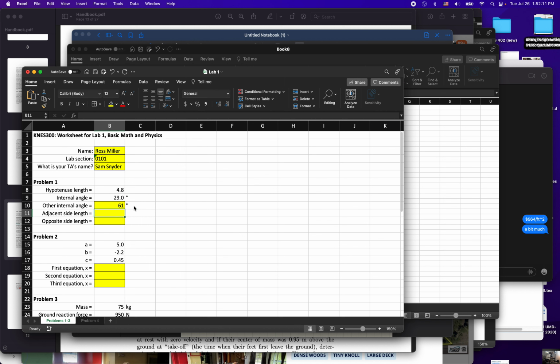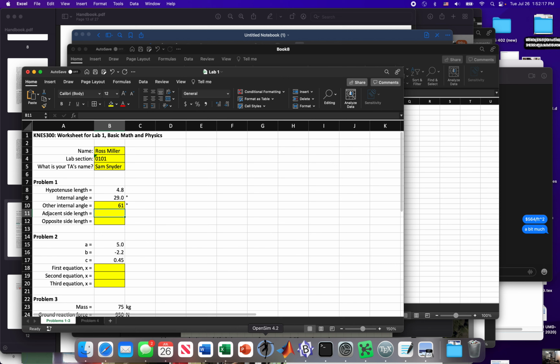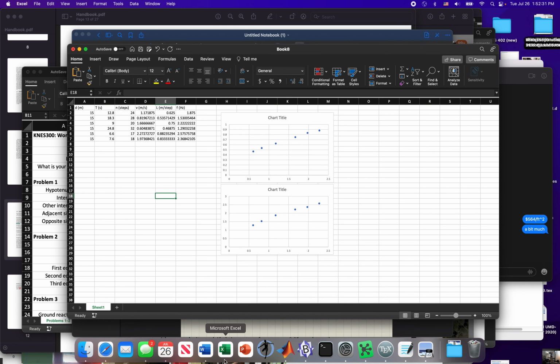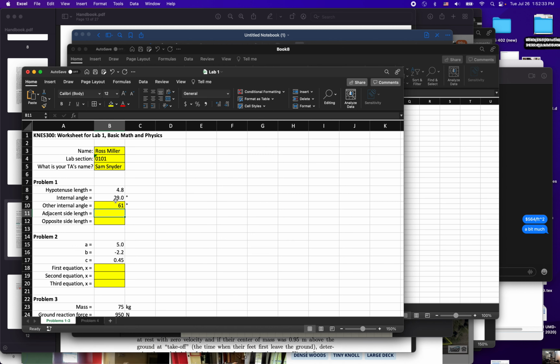And this time with the equal sign in there, it actually did that calculation and calculated the result, which was the 61 degrees. So you could think of this as, if I go back to my diagram here, I copied everything after the equal sign, including the equal sign itself, into this cell here, and Excel performed that calculation.